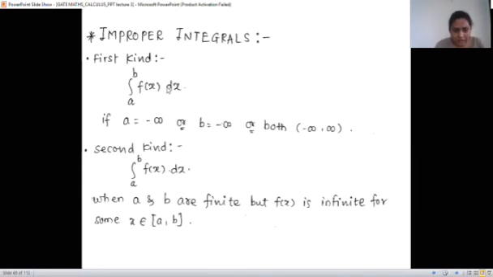So if infinity is there, then it is called first kind. Second kind is a and b are finite. Now a and b are not infinity, they are finite, but f of x is infinite for some value of x in ab. If this function is becoming infinite, then it is second kind. If integration limits are itself infinity, then this is first kind.